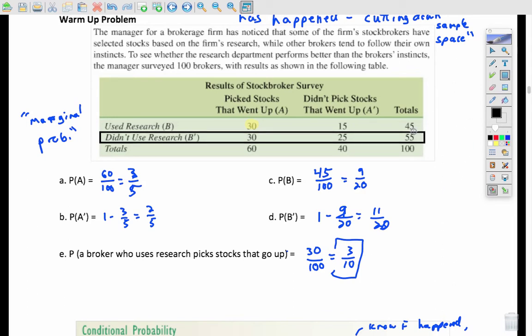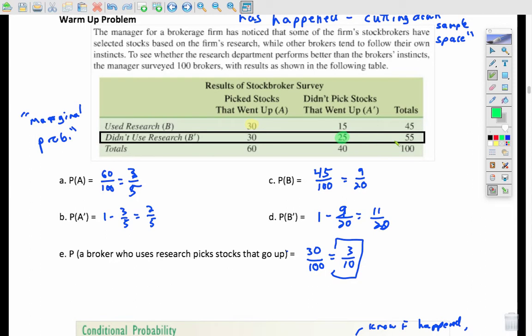Okay, so if I know that occurred, then I'm cutting down my sample space to just 55 brokers. I'm not going to worry about anybody else, just the ones that didn't use research, and that totals 55. And I'm interested in the probability that the stocks did not go up given the fact they didn't use research. So I'm going to ignore everything else and just focus on this line of the table, because I know that definitely happened.